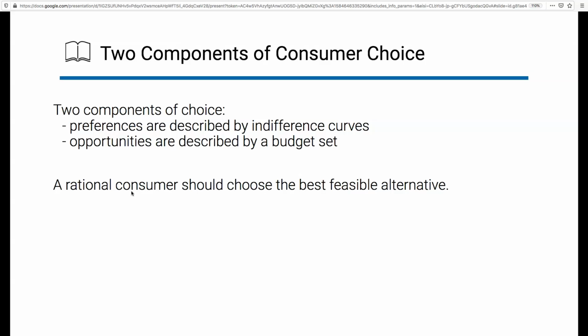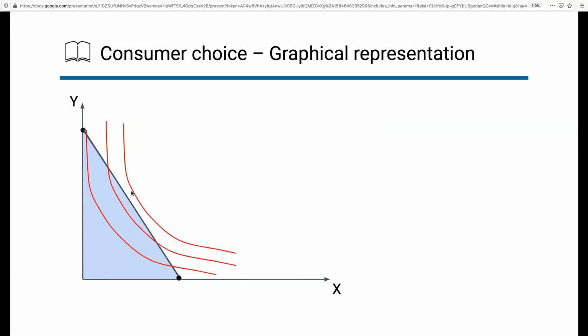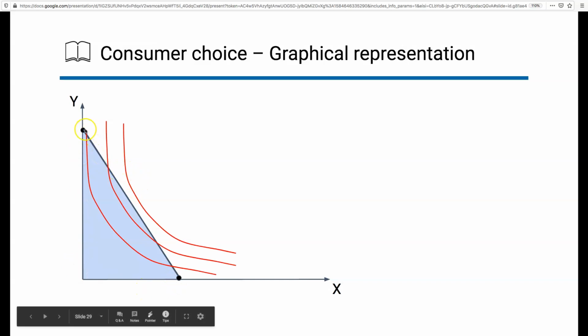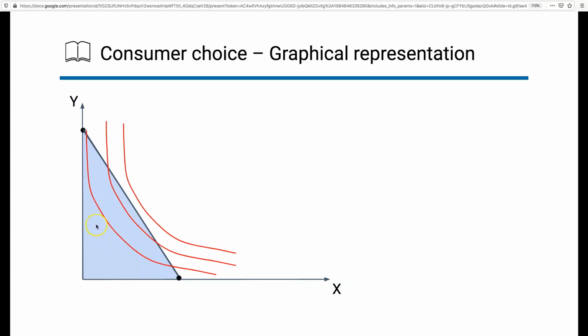Now we can get more mileage out of this last sentence if we look at what's going on when we put preferences and opportunities on the same picture. So again, the blue triangle is the set of feasible bundles given the amount of money that you have and the prices, and the red lines represent your preferences in the sense that all bundles on the same red line have the same utility.